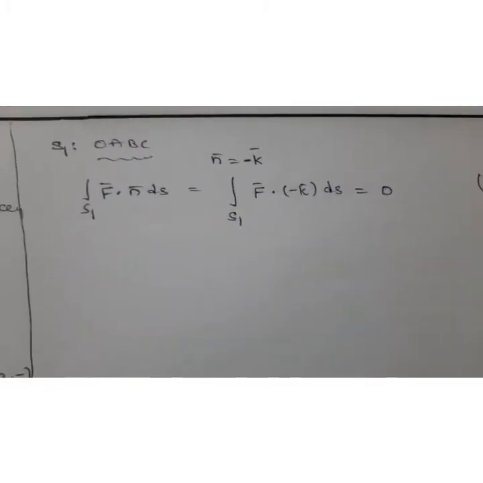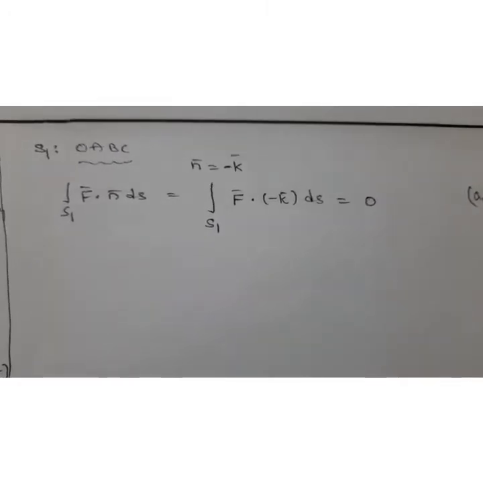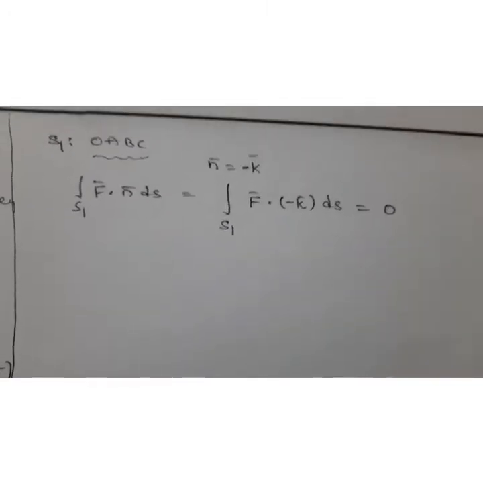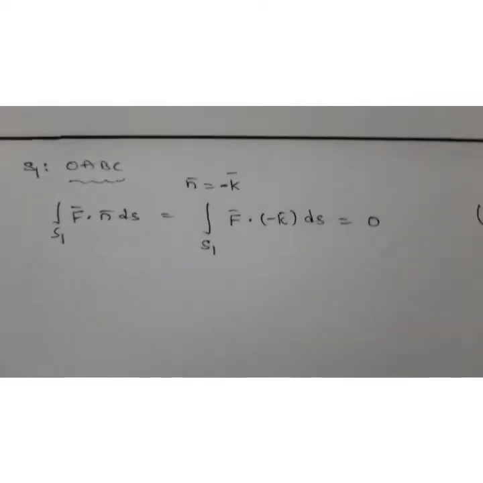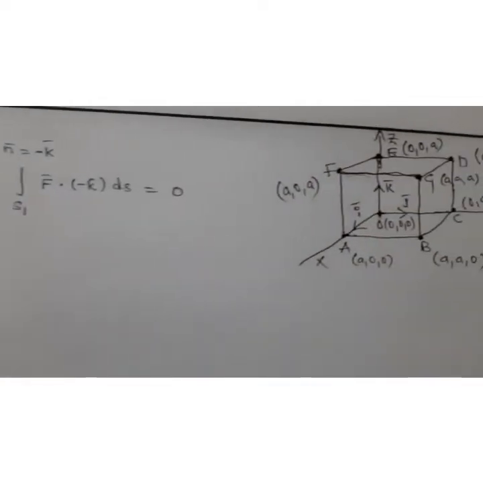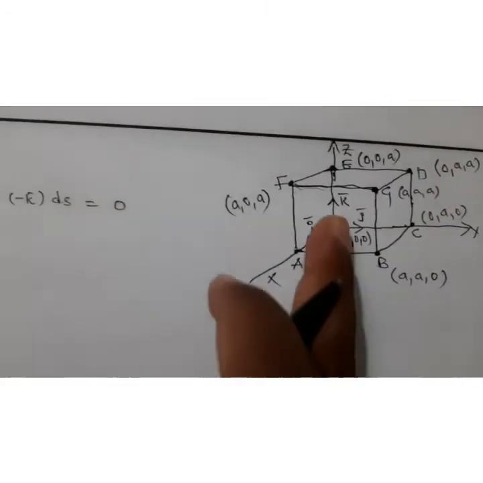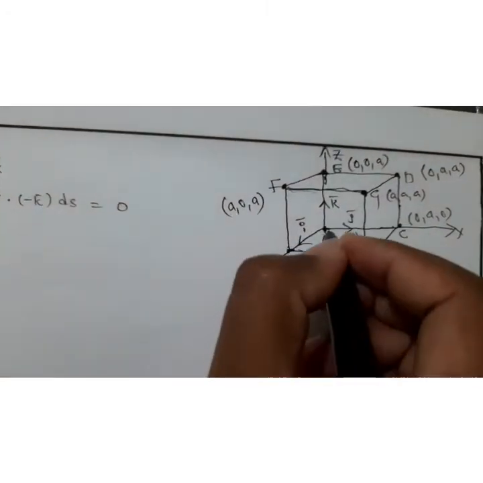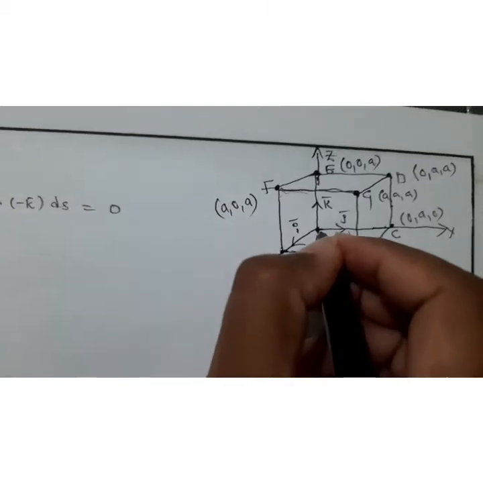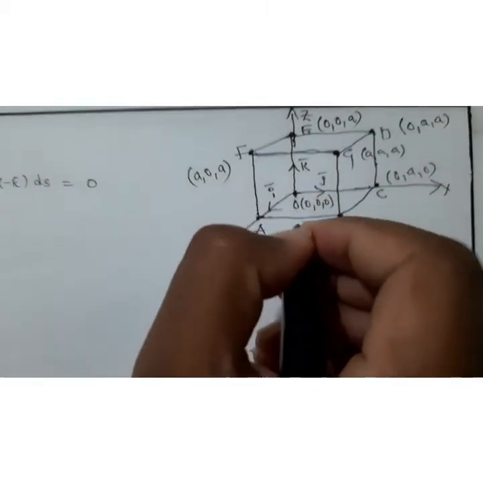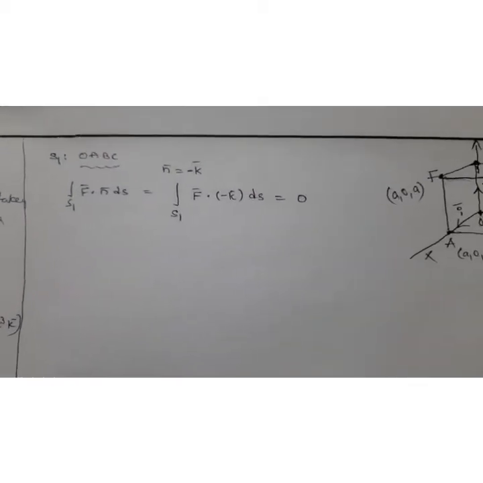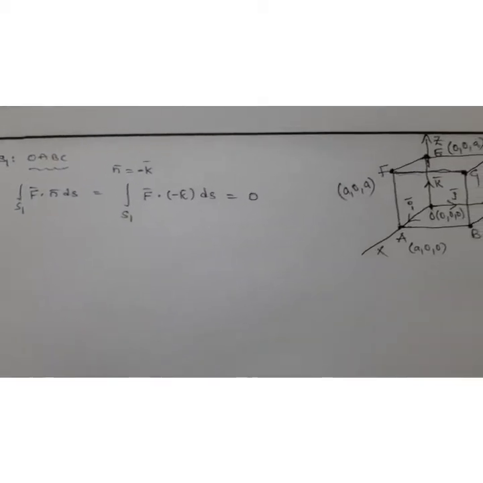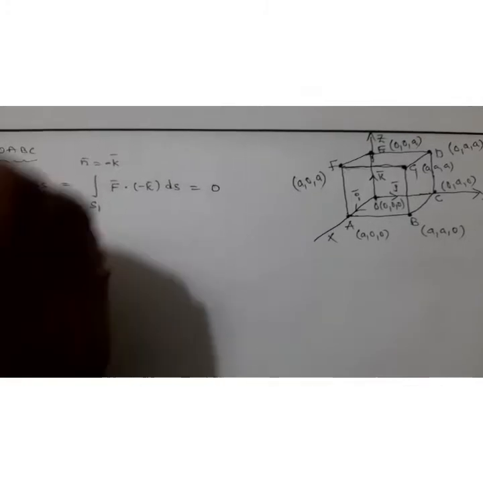If n bar is taken inward, minus k bar, minus i bar, minus j bar, we get 0 for three surfaces, and for the other three surfaces we get the value. For this surface OABC, n bar is minus k bar, inward to the surface, but our definition is that n bar is the unit outward drawn normal to the surface.